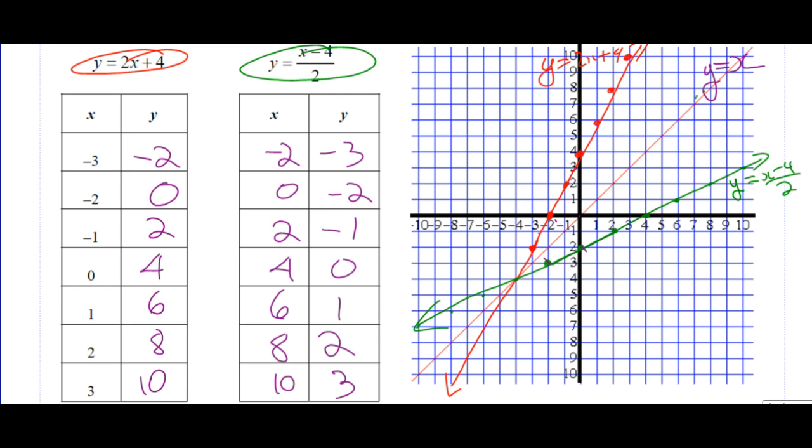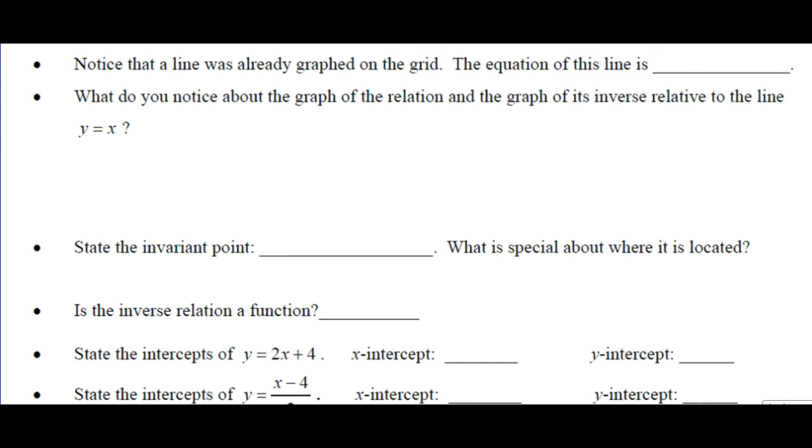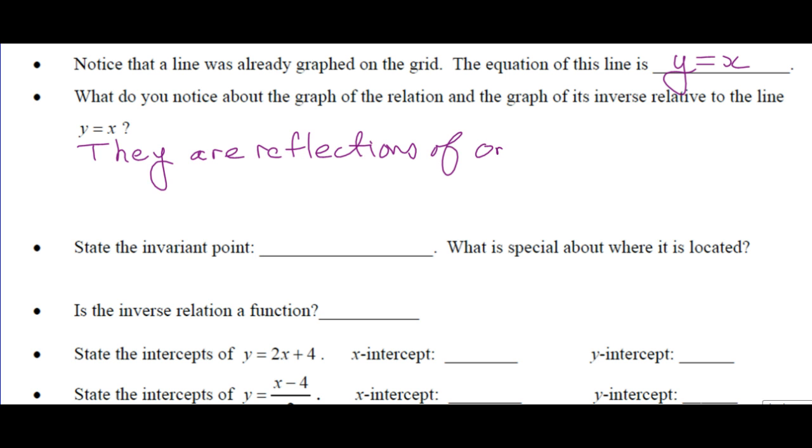Same deal, this distance. They are reflections of one another about the line y equals x. So that's the third type of reflection, for which you are not responsible on quiz 1.